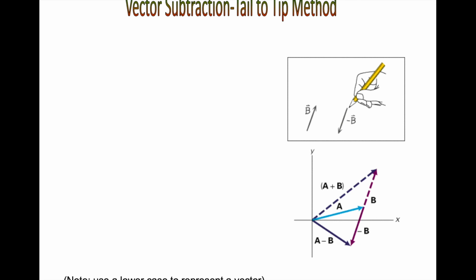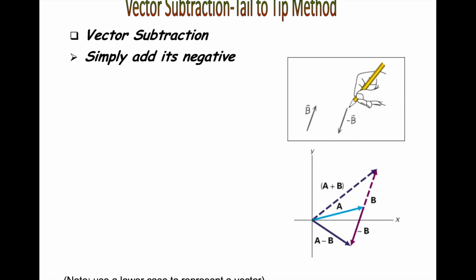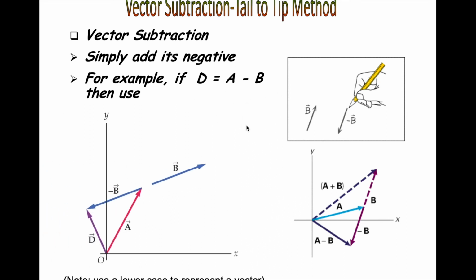What about subtraction? In subtraction, what you do is you add the negative of that vector. For example, if you are given this expression here, vector d is equal to vector a minus b. By the way, these should be lowercase.